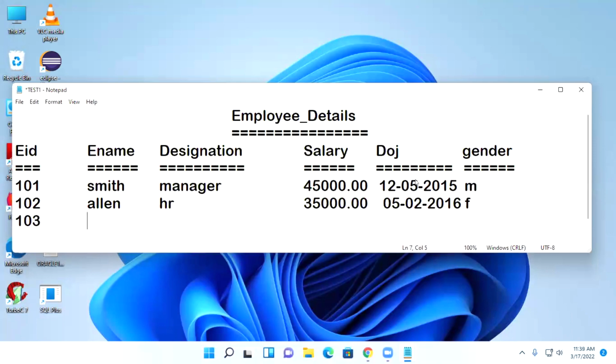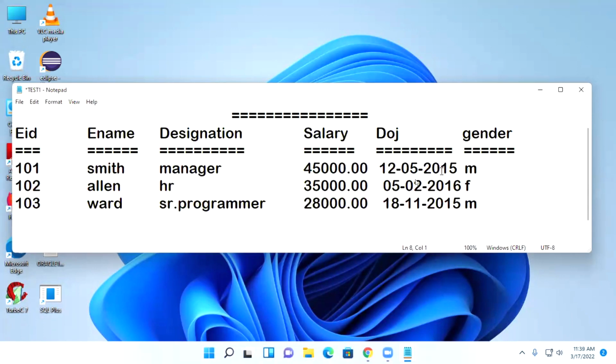Like 103, and some information here, suppose he was a senior programmer. His salary was 28,000 rupees. And he joined, for example, 18-11-2015. And he is also male.